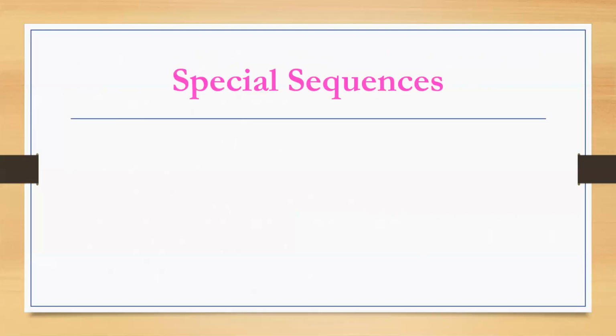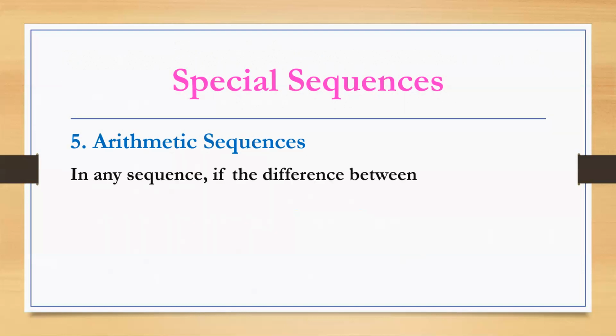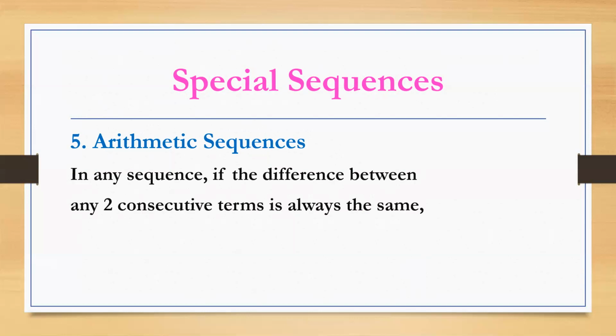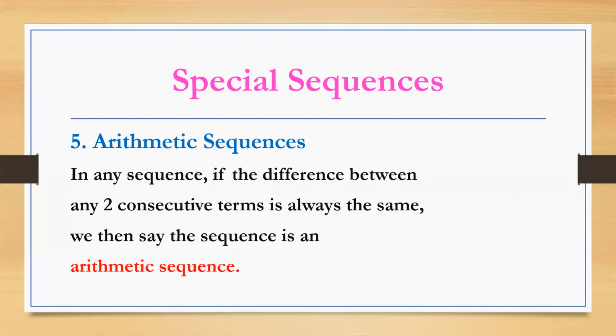Now we move on to a new special sequence called arithmetic sequences. What are arithmetic sequences? In any sequence, if the difference between any two consecutive terms is always the same, we then say the sequence is an arithmetic sequence.